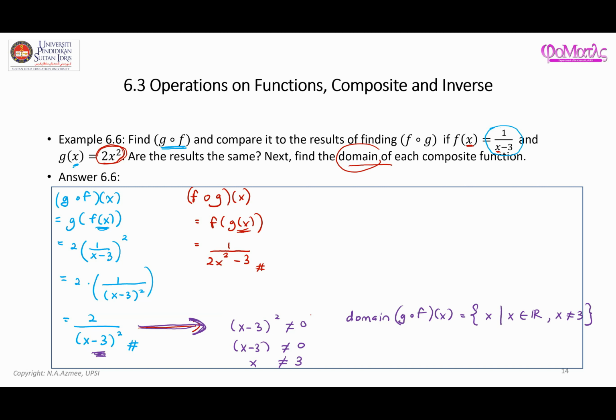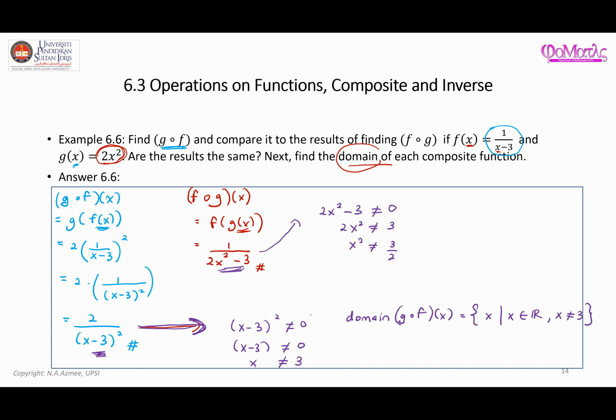Okay. Now, how about the second one here, domain of this one? You can see similarly, because we have something over something, so the denominator part again cannot be 0, because if you divide something with 0, then you will be having some trouble here. So we have to make sure that 2x squared minus 3 cannot be 0. So this gives us 2x squared cannot be equal to 3, and x squared cannot be equal to 3 over 2.